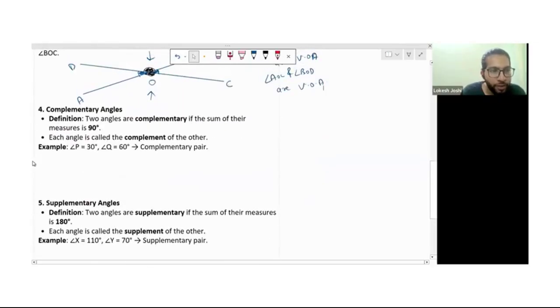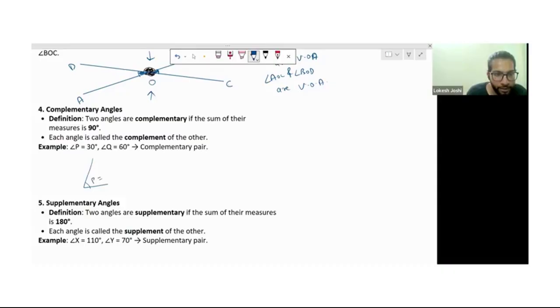Now for the fourth one, we have complementary angles. Any pair of angles are known as complementary if their sum is 90 degrees. Let me give an example, angles P and Q. Suppose angle Q is equal to 60 degrees, and angle P is equal to 30 degrees.